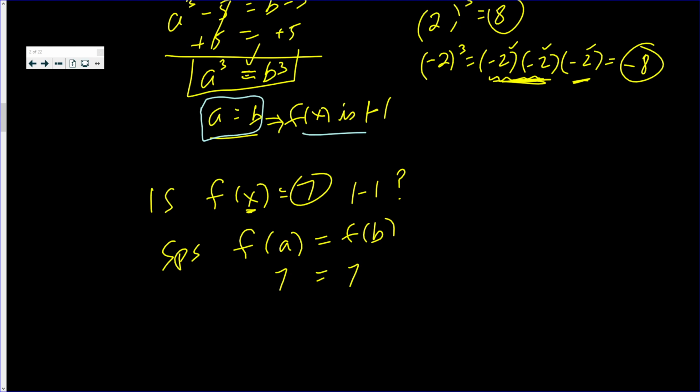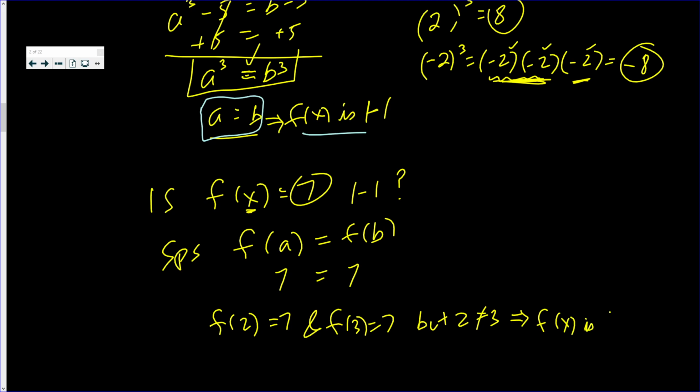That doesn't imply a equals b. What you could say is f of 2 equals 7, and f of 3 equals 7, but 2 and 3 are not the same, so f of x is not 1 to 1.